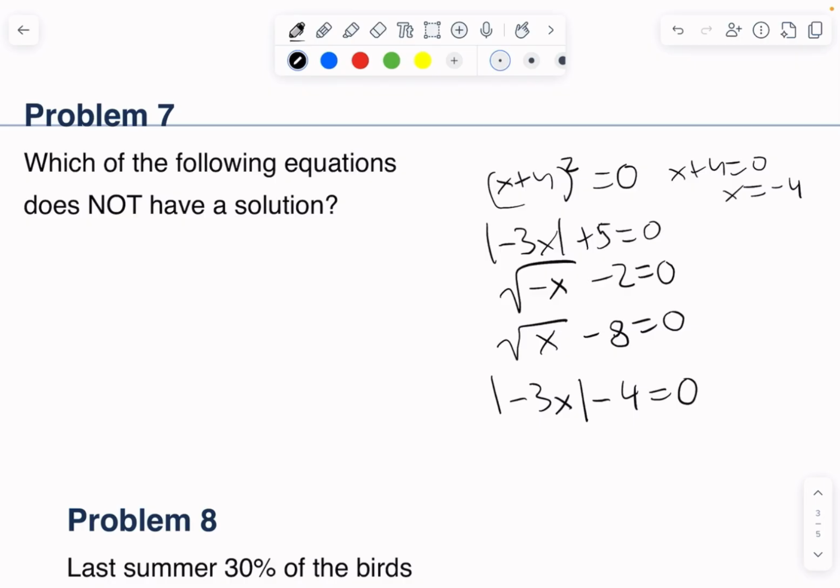We can see that this is not possible, as the absolute value of something always has to be positive, but here it's equaling something negative. So this equation does not work, and we can conclude that the answer is this equation. If we wanted to, we could check the other ones, but you will find they all have a root that works.